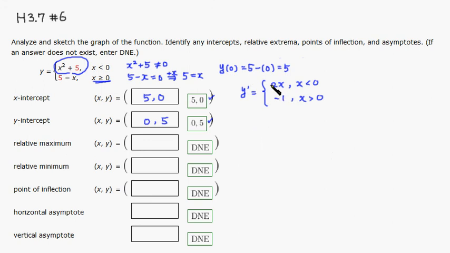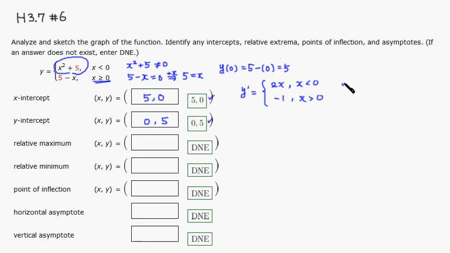If you look at the top formula, if you plug in 0 for x, you get 0 for the derivative, and with the bottom formula you get negative 1. Since these give different numbers, the derivative at exactly 0 isn't defined.